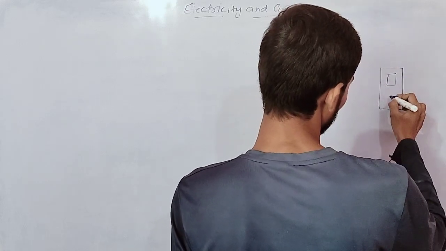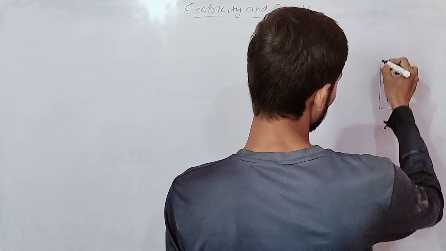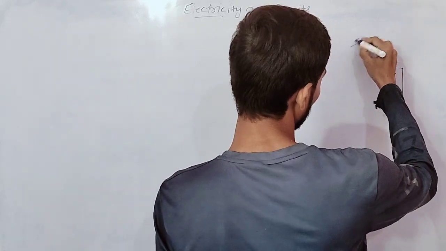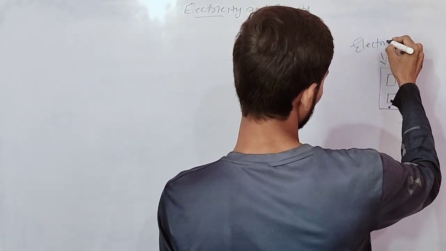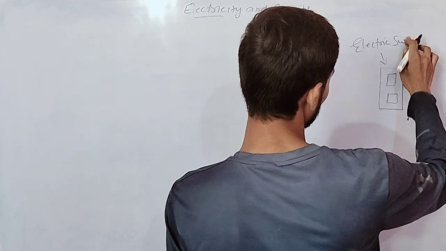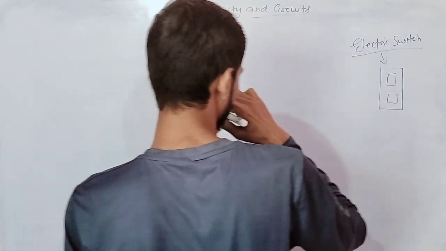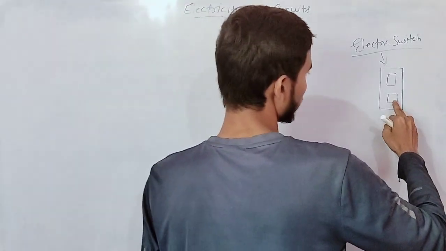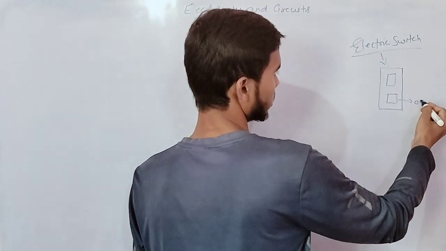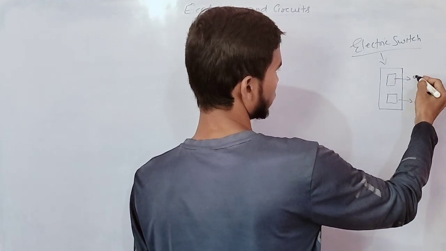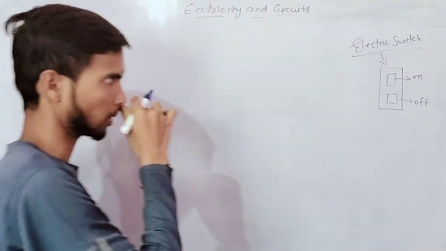One button here, one button here. Let's assume this is an electric switch. This will be the off area. This is off, and this is on. Clear? Electric switch.